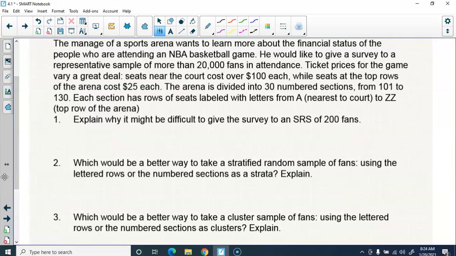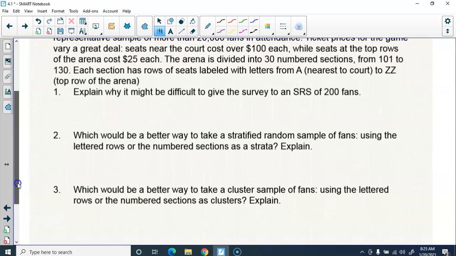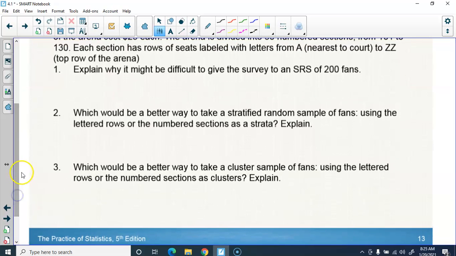Ticket prices for the game vary a great deal. Tickets near the front are over $100 each, while seats at the top are about $25 each. The arena is divided into 30 numbered sections from 101 to 130. Each section has rows of seats from A to double Z. Explain why it might be difficult to give the survey to get a simple random sample of 200 fans.